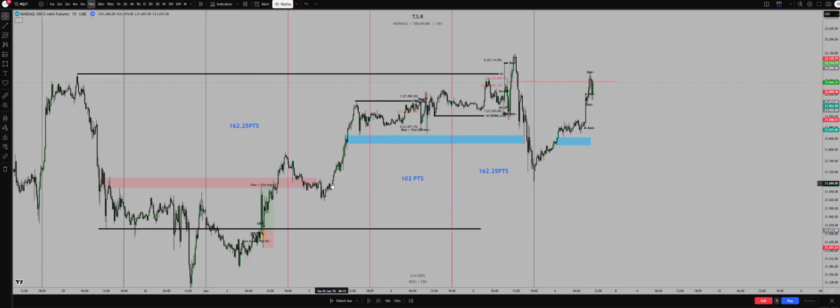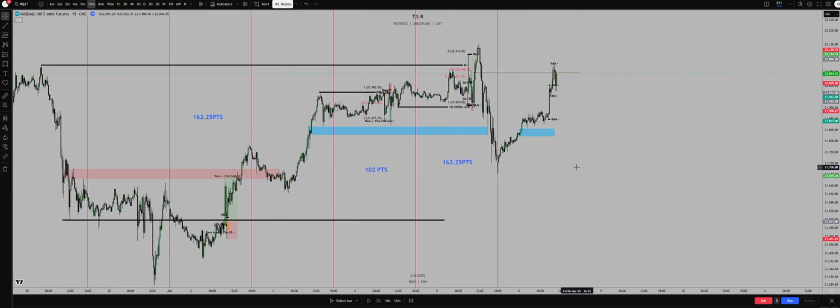So that means on the week here, and this is the first week of June, let's do the math. 162.25 plus 102 plus another 162.25 gives you about 426.25 points on the week, and that's with skipping 2 trading days.